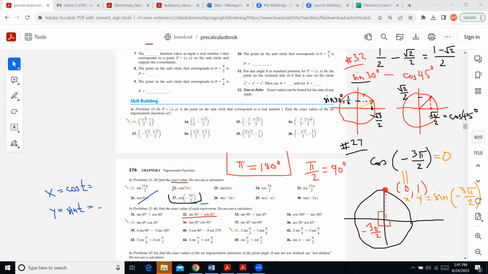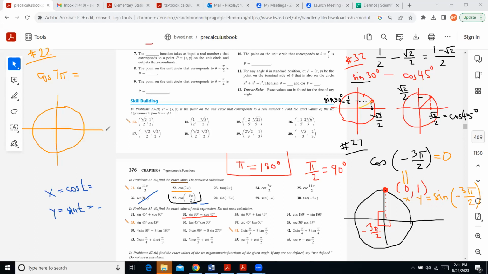So let me try exercise number 22. In this problem, they ask to find the cosine of 7 pi. So it's multiples of pi. So what I do is, again, I'm going to make a picture of this. So I'm going to draw a circle, unit circle, of course.